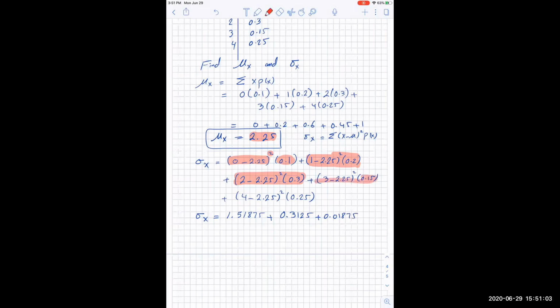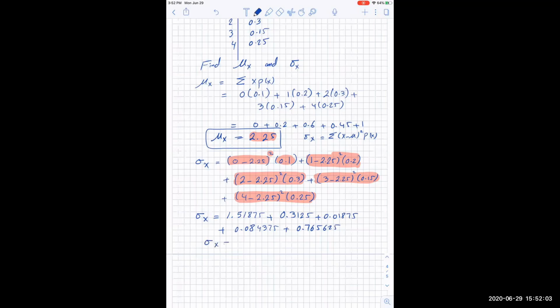And then the next value I have, which is this. And then the last value, which is this one, times 0.25, gives 0.765625.